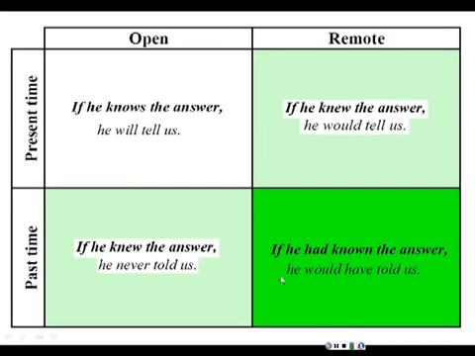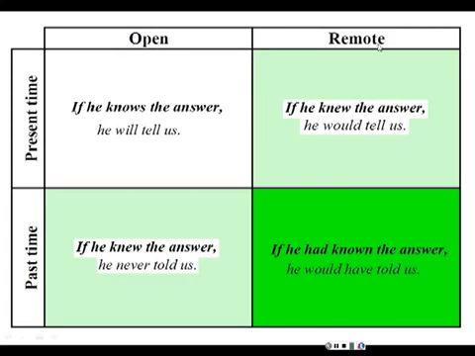So we have here a 2x2 diagram, and the columns here I represent as open conditionals and remote conditionals. Open conditionals are things where the if clause might be true and it might not be. We don't know.